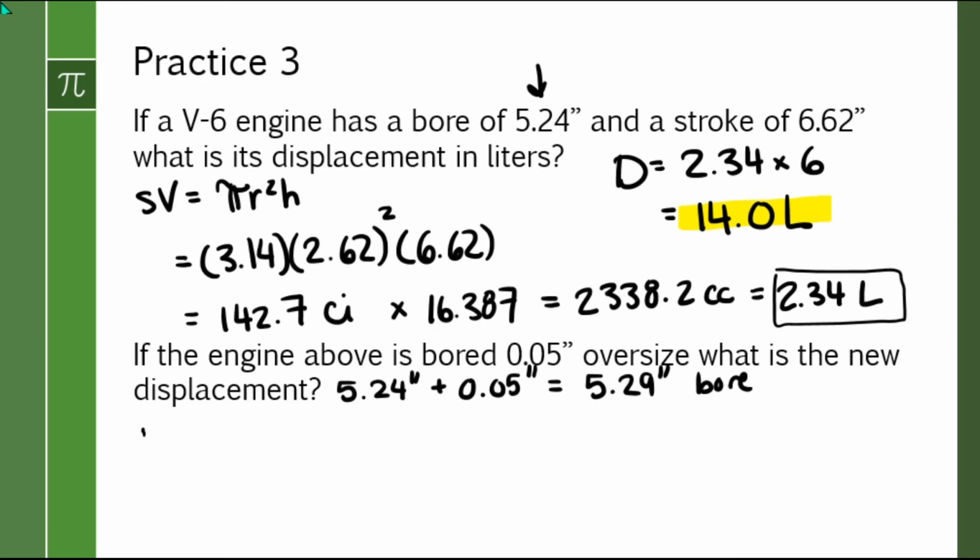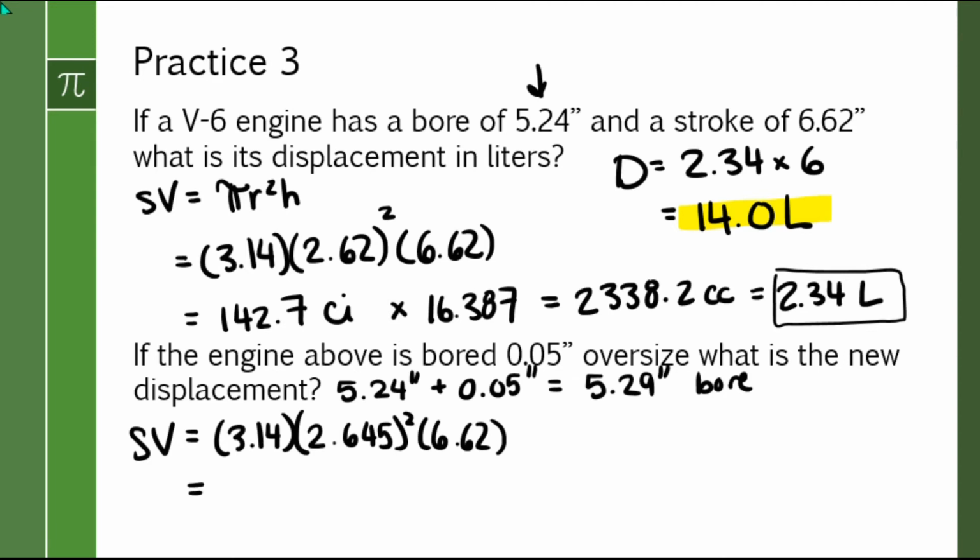Okay. Swept volume 3.14. This time we're going to take 5.29 and divide it by 2, which means our radius changed to 2.645. Doesn't seem like a lot of a change. We'll see what happens. And we're going to keep the same stroke, 6.62.